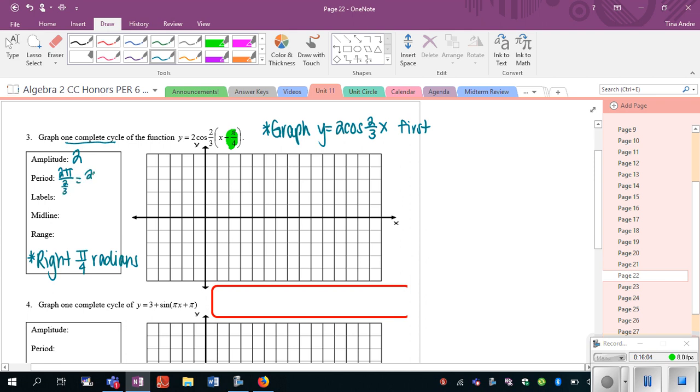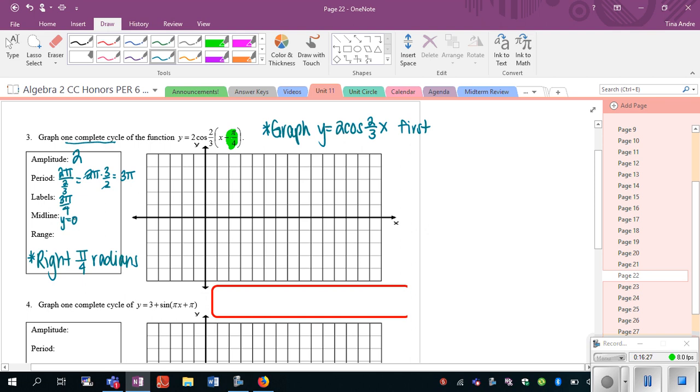So we're at 2 pi times 3 over 2. This is just going to end up giving us 3 pi. And then the labels here are going to be 3 pi divided by 4. No vertical shift, so the midline is just equal to 0. And the range we'll save for the end.